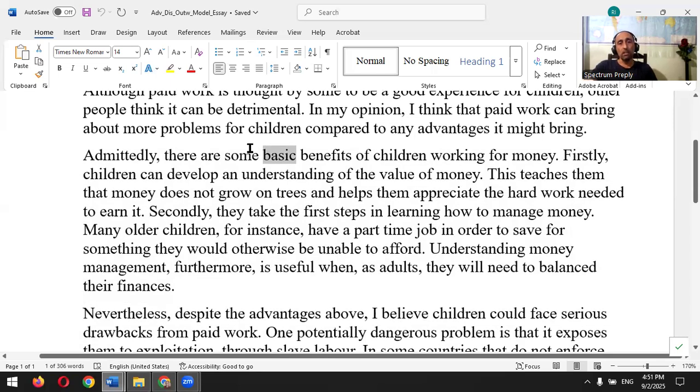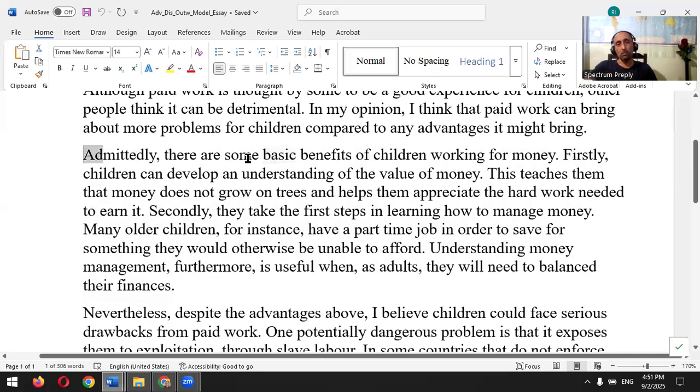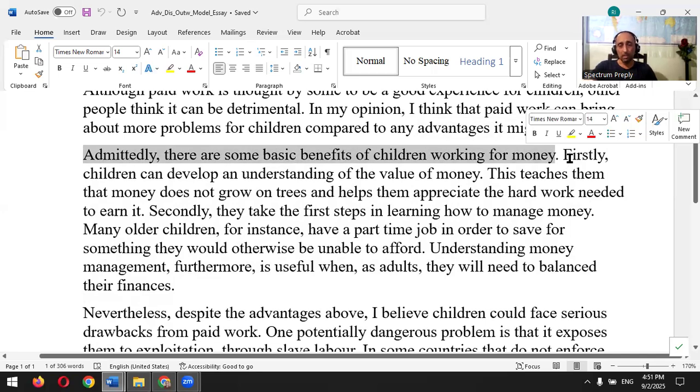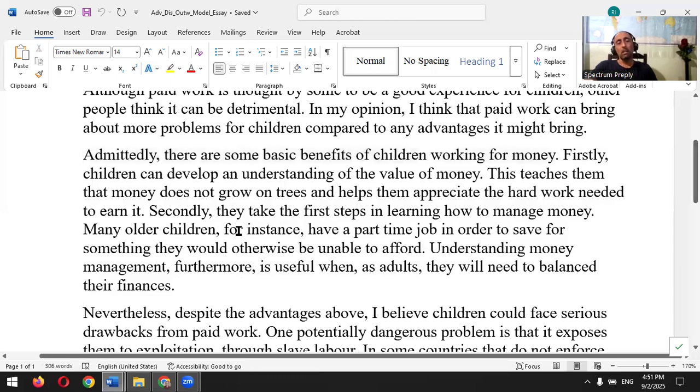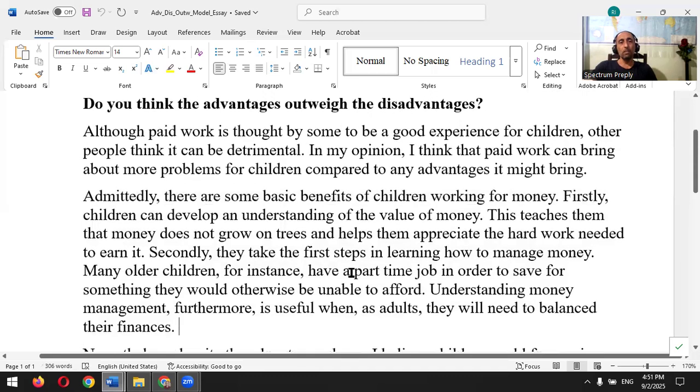Then you continue writing here. The writer really states what the advantages are and supports them as it did in the first type of essay: advantage, support, another advantage.